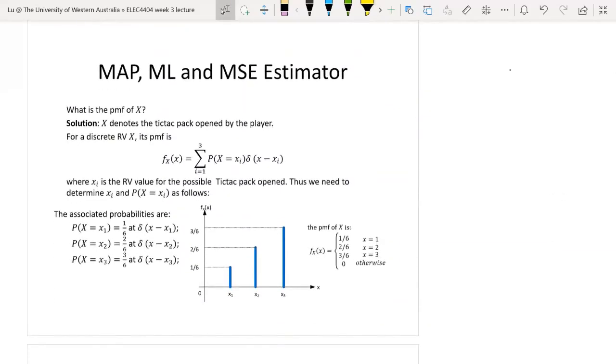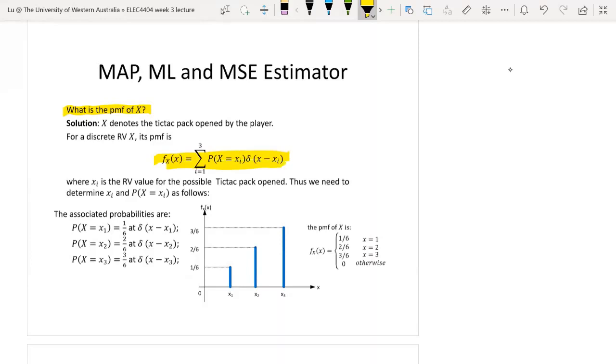So the first question, what is the PMF, probability mass function, of the x random variable? X is the tic-tac boxes. Okay, so let's try to solve this one. Because x is a discrete case, indicating the box opened by the player, for this discrete random variable x, its PMF is denoted by this thing.